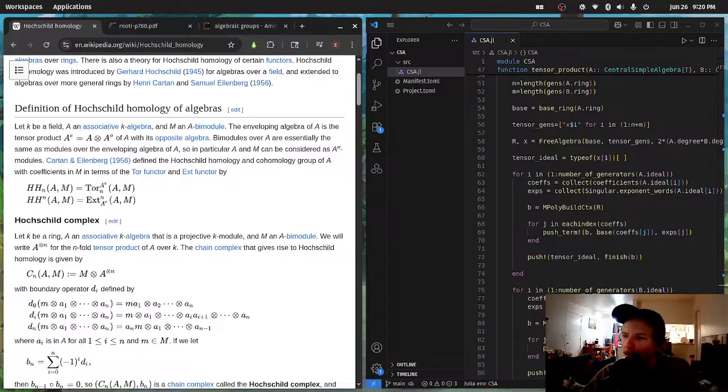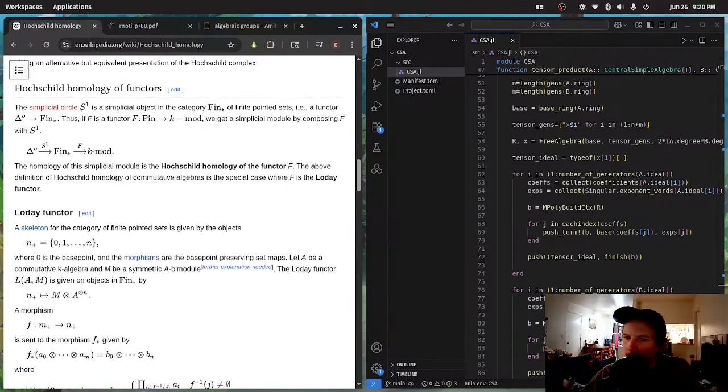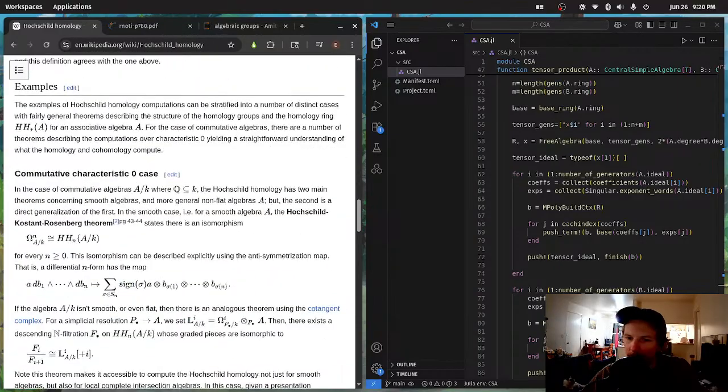Would that be an interesting thing to do? Maybe if A is free, then there's some easy computation that says that's a stupid thing to do.